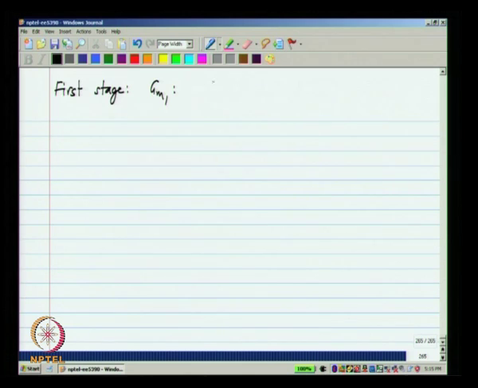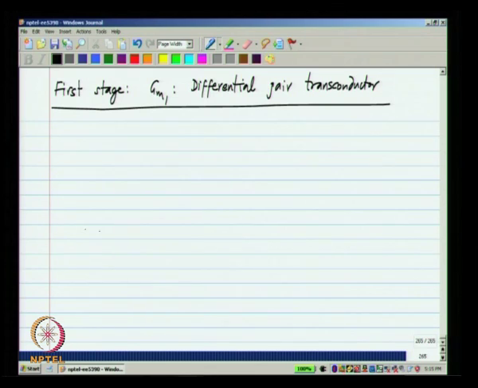So, basically GM1 will be made by using the differential pair transconductor.